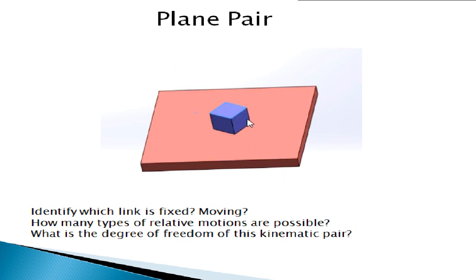Besides these 2 types of motion, it can stay at one place and rotate about an axis perpendicular to this plane, that is the pink link. So there are 3 different motions possible in this kinematic pair, while always maintaining contact. Of course, you have to keep that at the back of your mind always. There are 3 types of motion, so the degree of freedom of this pair is 3.